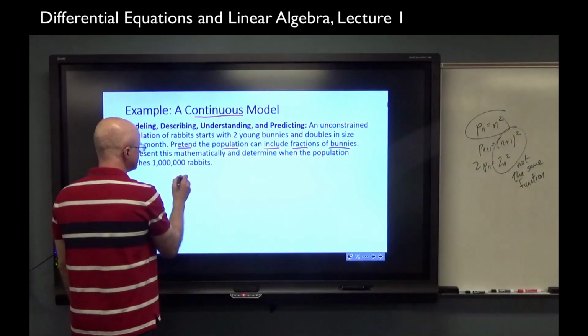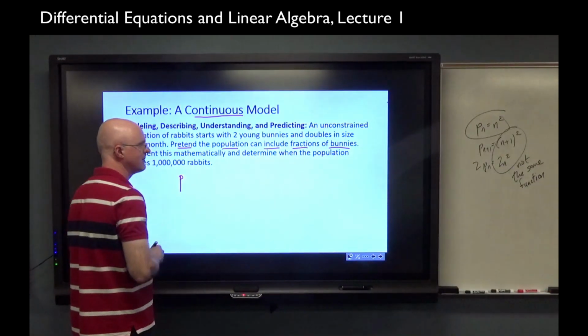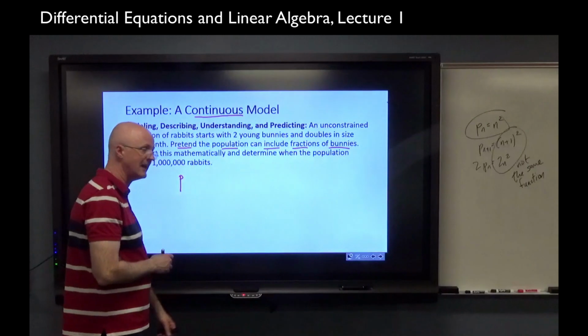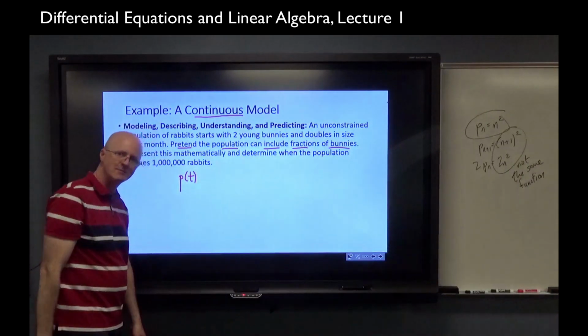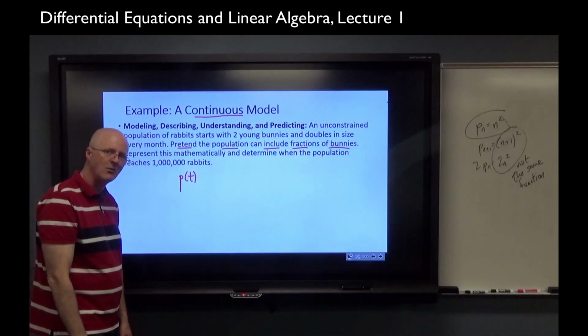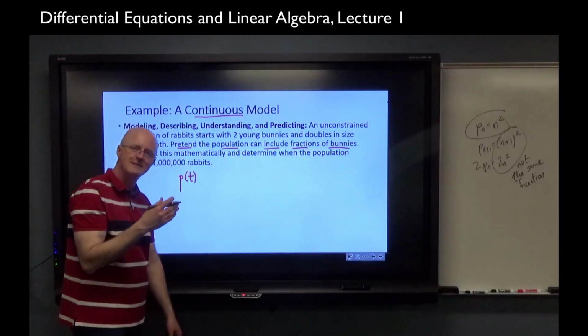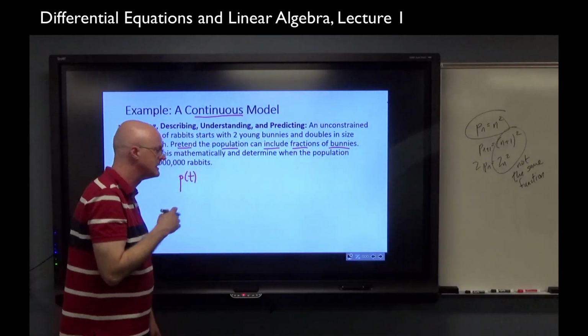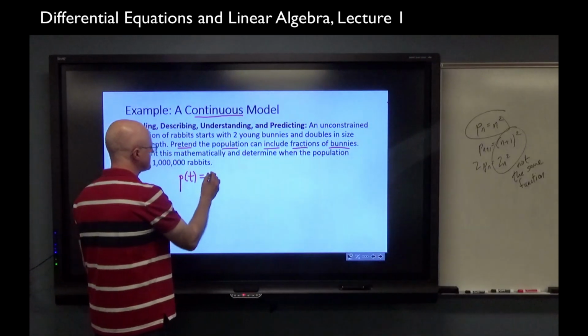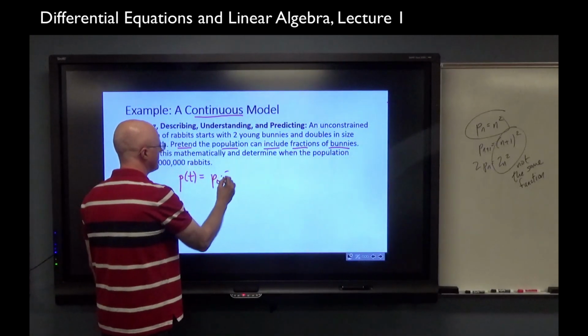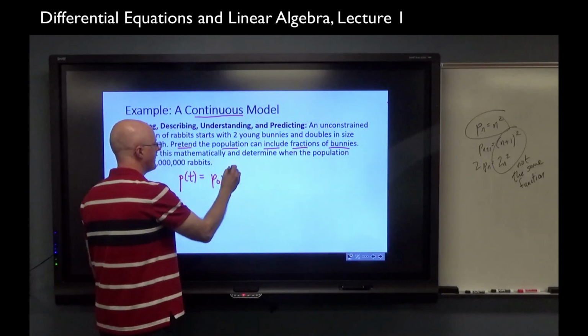To emphasize that the variable is continuous, I'm going to call it t instead of n, and I'm going to write it as p of t instead of p sub t. That will be something standard we do. We'll think of the subscripts typically as whole numbers. We'll think of letters that go in here as variables that are real numbers. But it really is the same kind of formula as before.